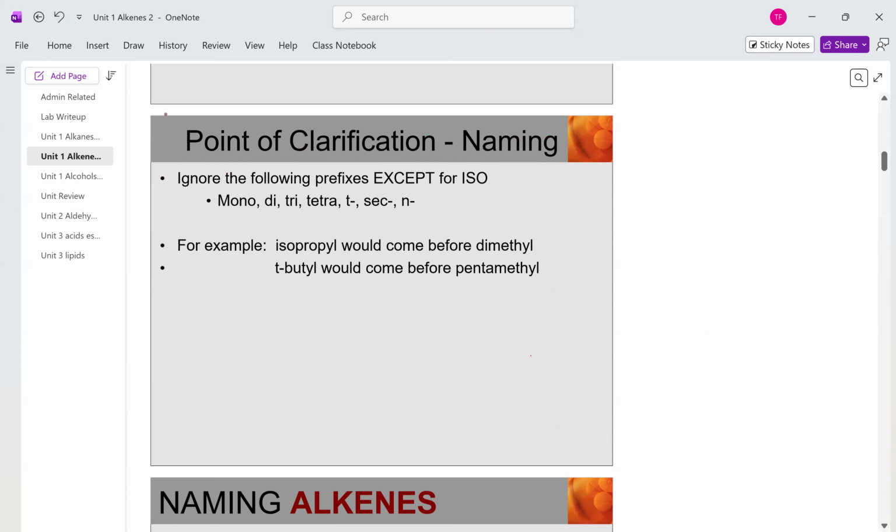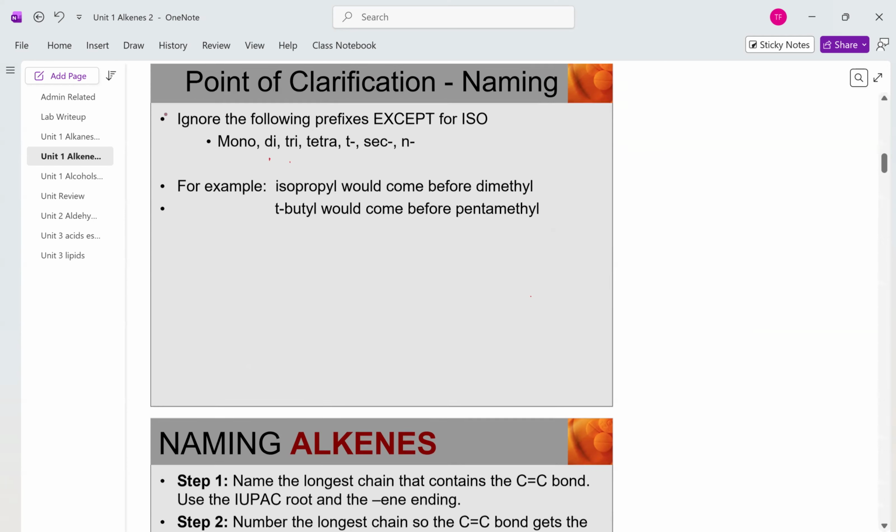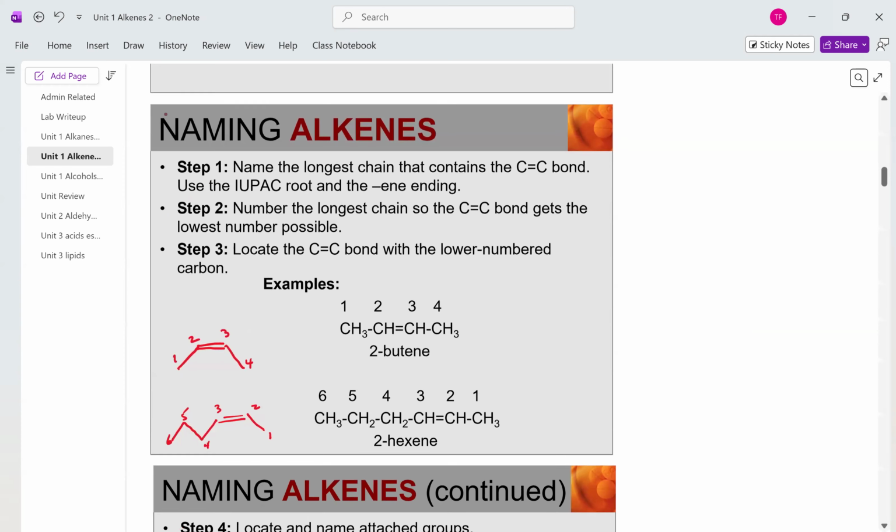Now, when we're naming, I want to remind everyone that we're going to ignore the multiplying prefixes like di and tri when we start alphabetizing, except for iso, like isopropyl or isobutyl. Okay, so we have a double bond. So the functional group with alkenes is going to be the double bond.